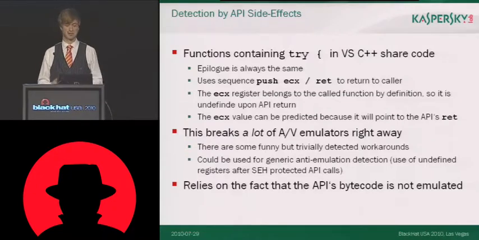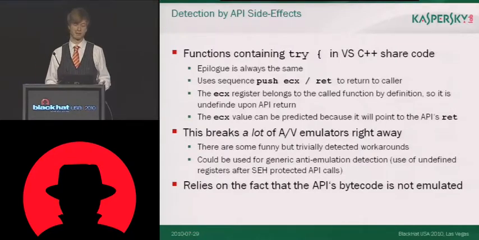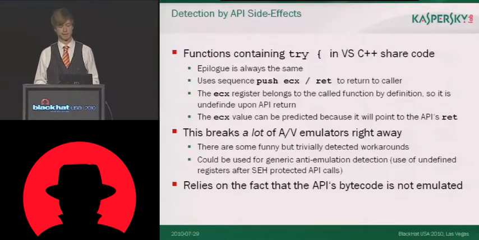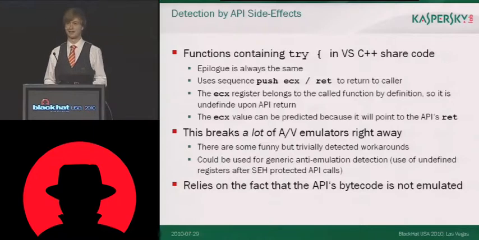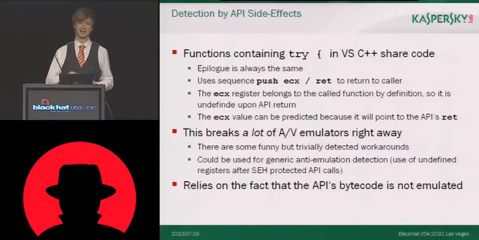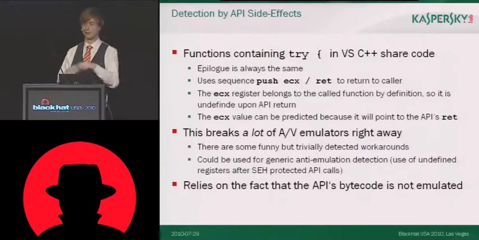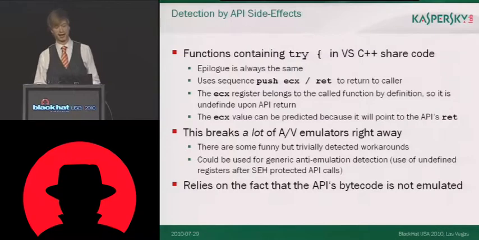So this very simple trick, implementation-wise maybe at most 2 hours of work, breaks a lot of antivirus emulators right away and evades detection. If you look at different antivirus emulators, there are nice ways they try to circumvent this detection, but then again, it's also trivial to circumvent their circumvention.